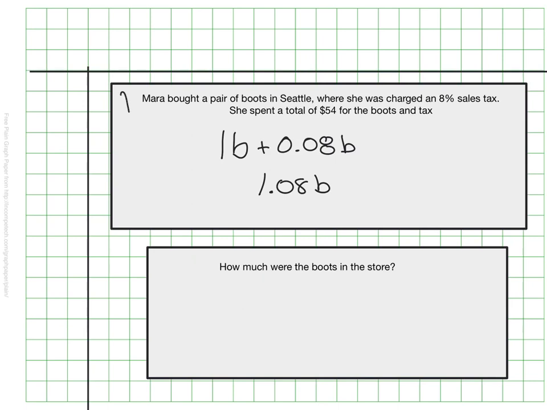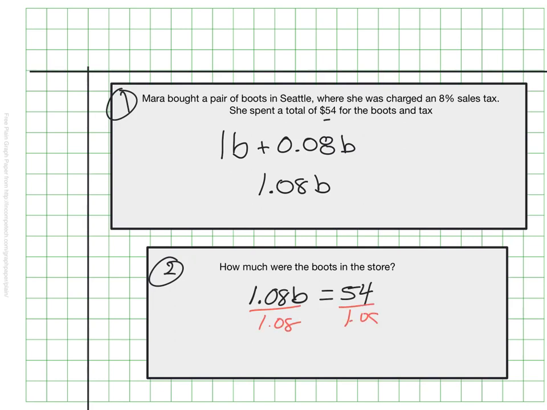And once we have that first step, we can go ahead and use the expression to make an equation to find out how much the boots were originally, right, before the tax. So I know that this is the expression that represents the price she spent on the boots. But I know she spent a total of $54. So that expression equals $54. And from there, I'm just going to solve algebraically.